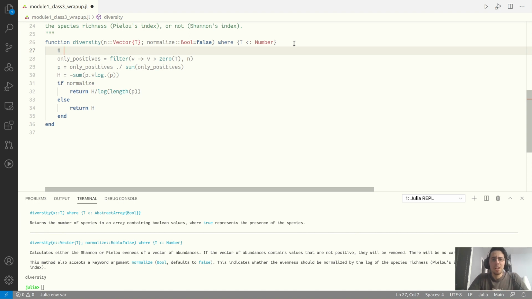So comments in Julia can be in a single or multiple lines, and they start by the pound sign. So what is important is not necessarily to say, let's write a bad comment: we filter n so that only positive values remain.